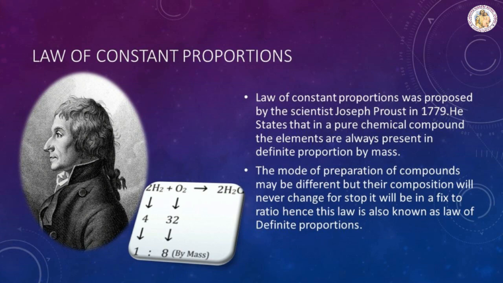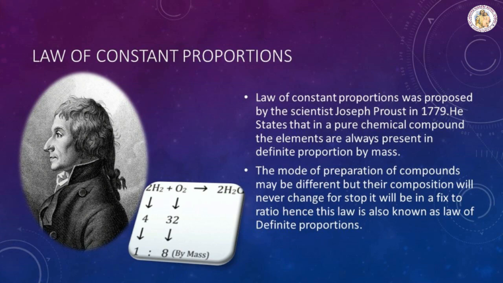Law of constant proportions. The law of constant proportions was proposed by the scientist Joseph Proust in 1779. He stated that in a pure chemical compound, the elements are always present in definite proportions by mass.